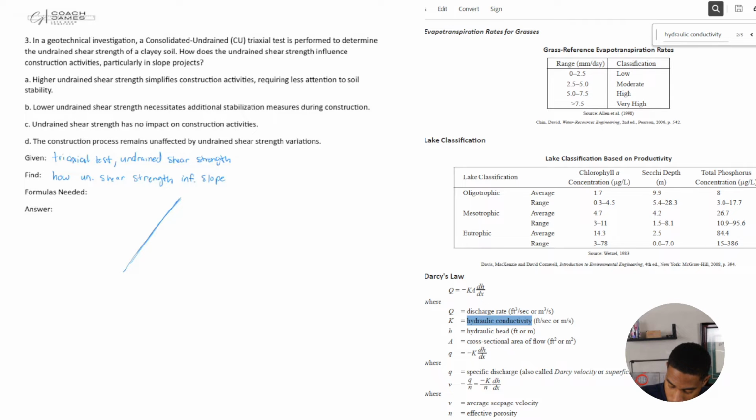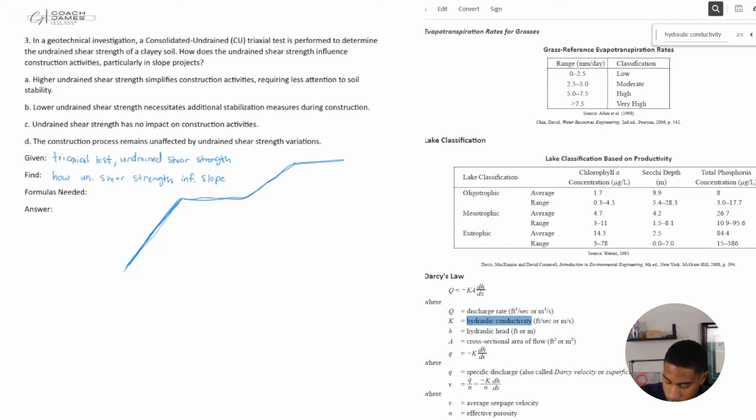So what's a slope project? Well, basically you have ground that's sloping up or down, right?